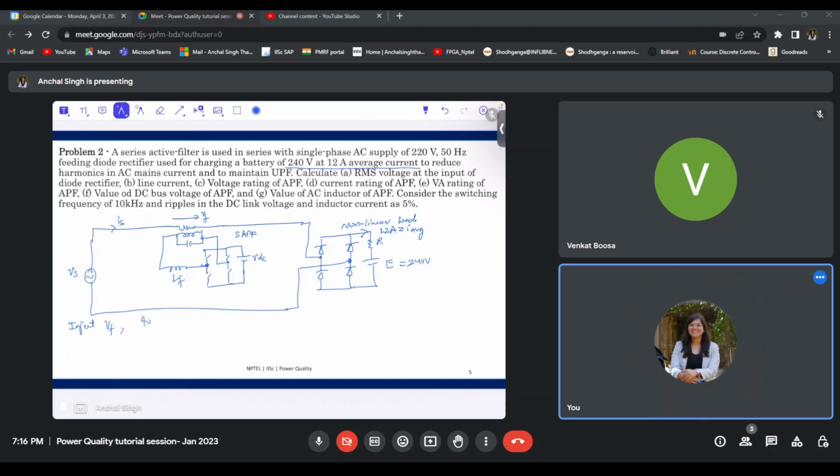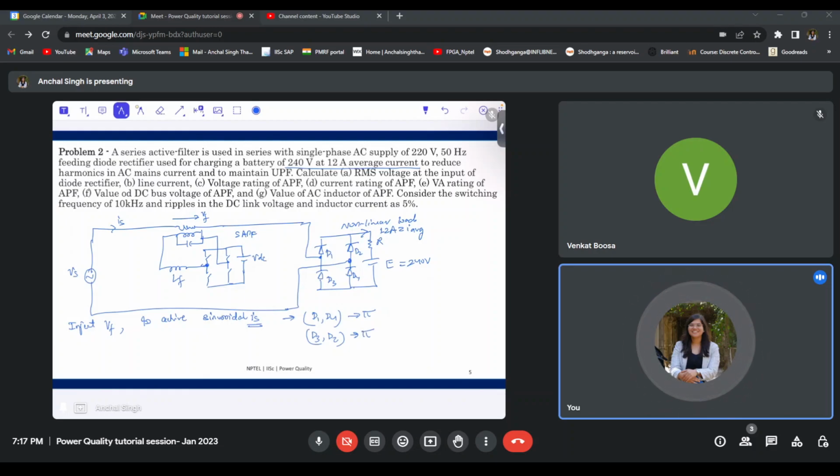So I want to inject VF to achieve sinusoidal IS. And once IS is sinusoidal in nature, the diodes D1, D2, D3 and D4 will be conducting for 180 degree duration. Diode D1, D4 will conduct for pi duration, and then D3 and D2 will also start conducting for another pi duration.